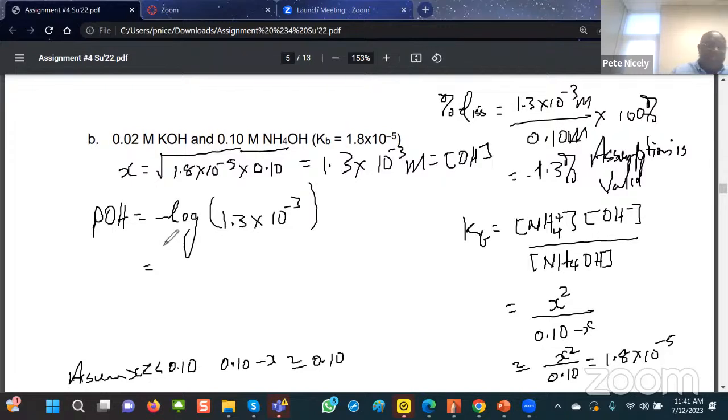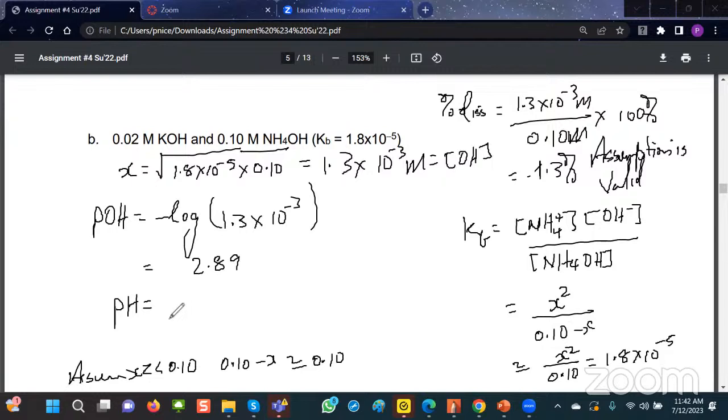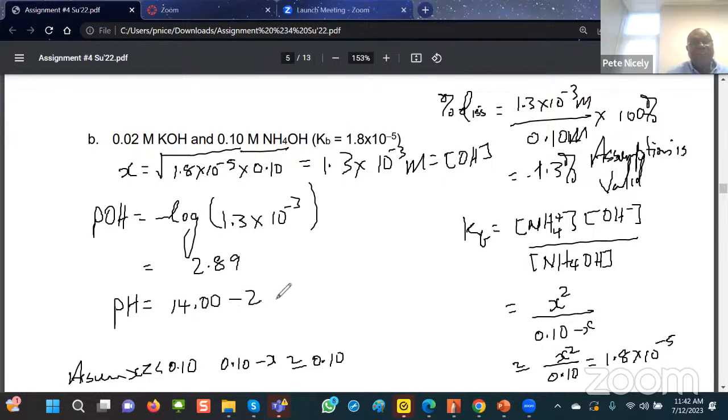We find the log of that, minus log of that. Okay, so according to my calculation, this works out to be equal to 2.89. In fact, 2.89 would be the pOH, and therefore the pH is equal to what? What is pH equal to? 14 minus 2.89. 14.0 minus 2.89.